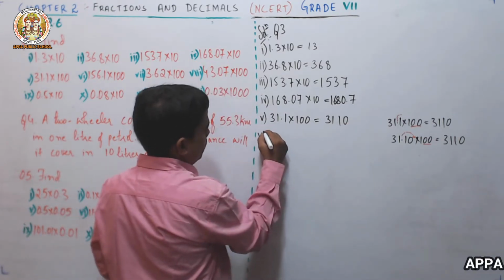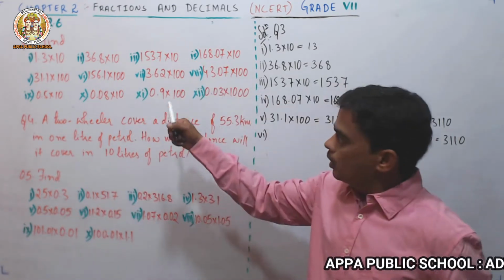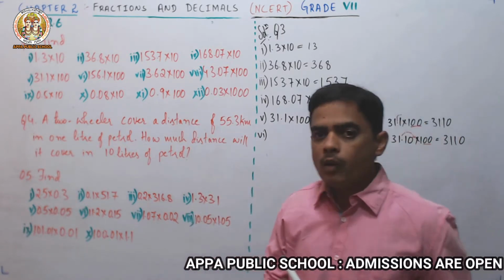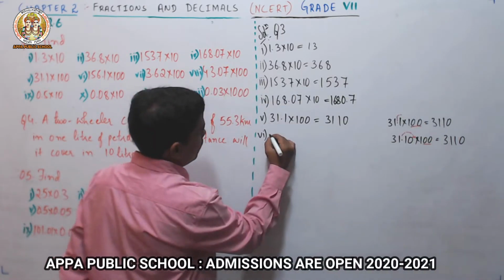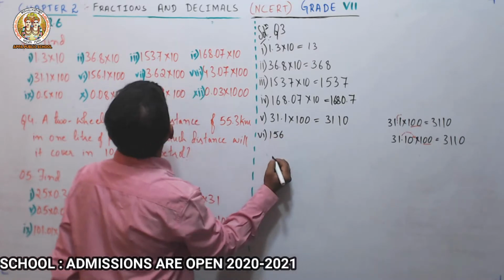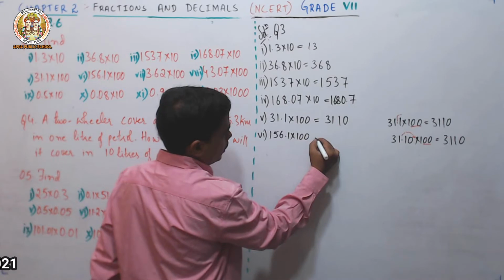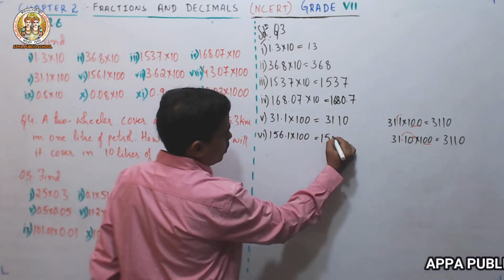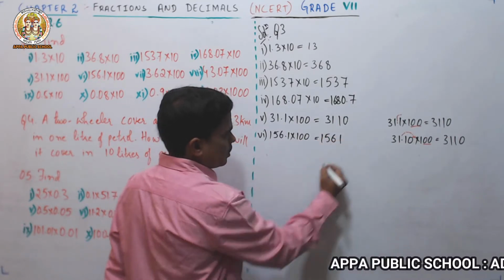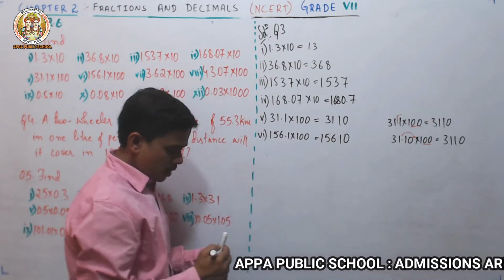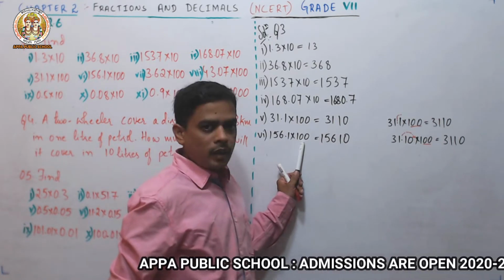Next one, the 6th question. What is the 6th question? The question is 156.1 into 100. It is also the same. 156.1 into 100 is equal to 1561 as it is. Then I take 0, because totally how many zeros are there? 2 zeros.